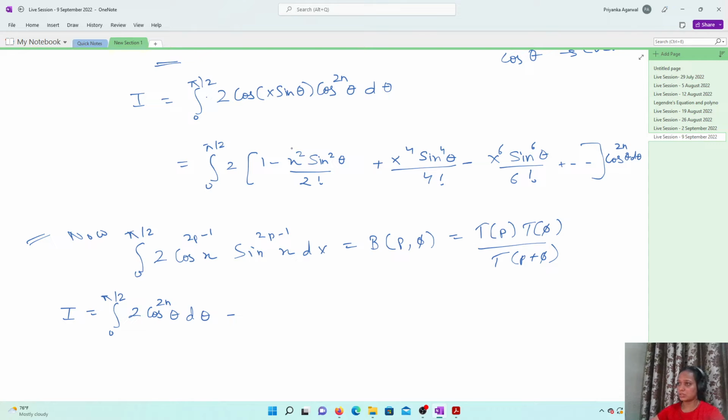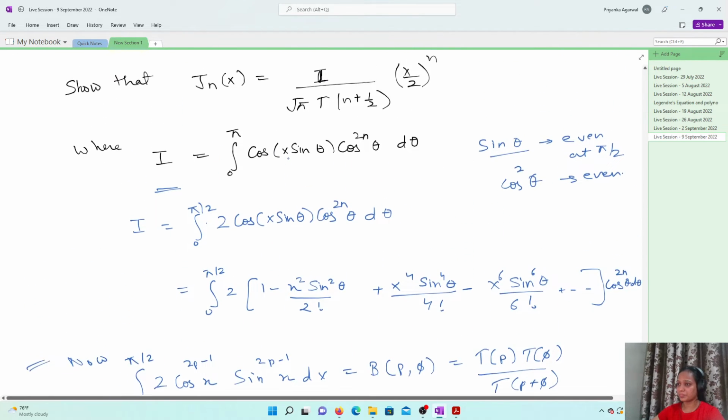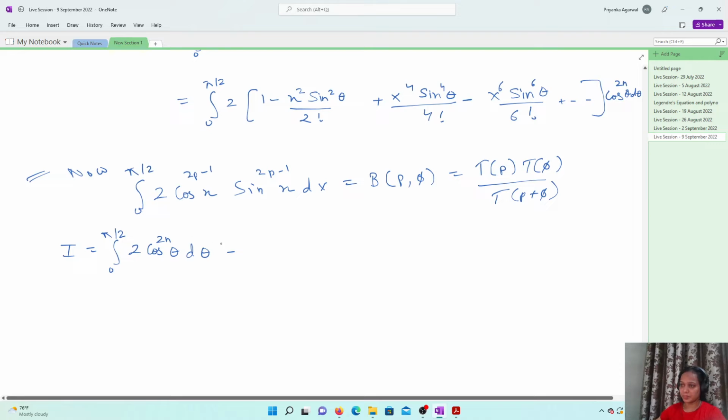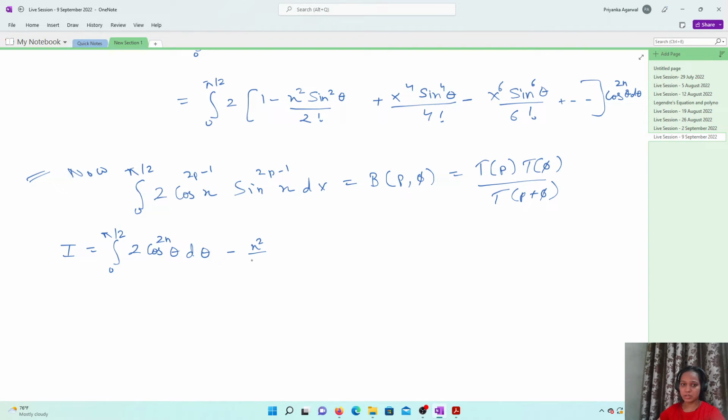So basically in this you are just multiplying it with this, opening this term, when this becomes x square by 2 factorial integral 0 to pi by 2 of cos to the power 2n theta sin square theta d theta.